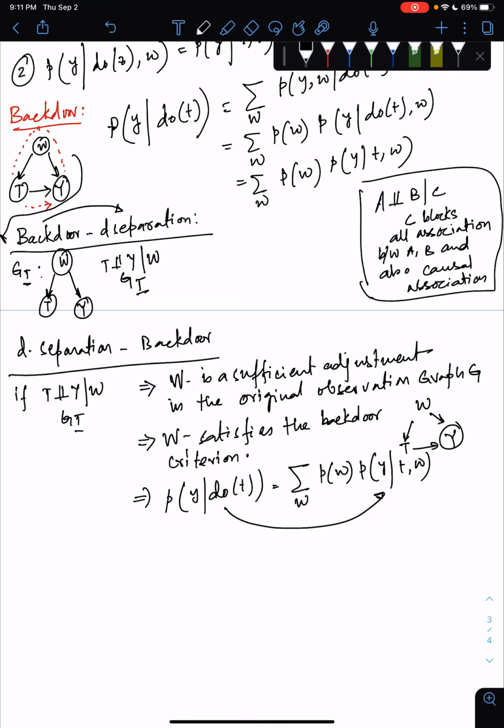So now we went from d-separation to the backdoor criterion.